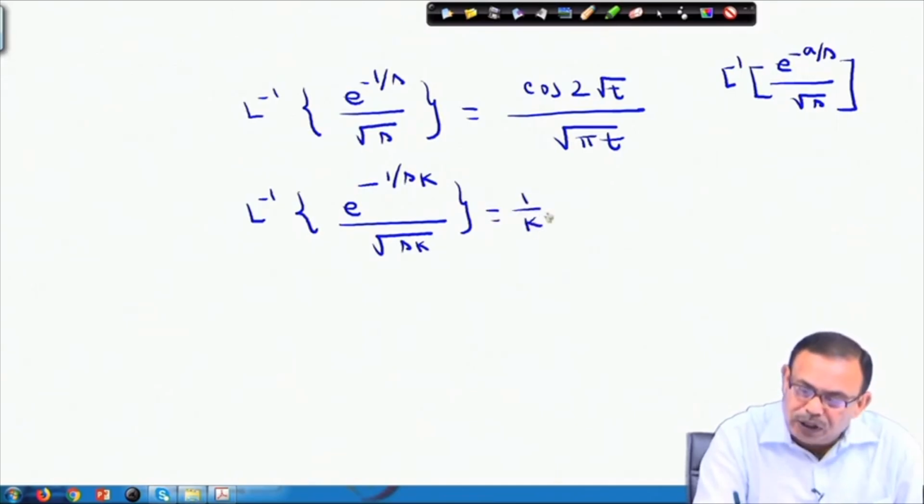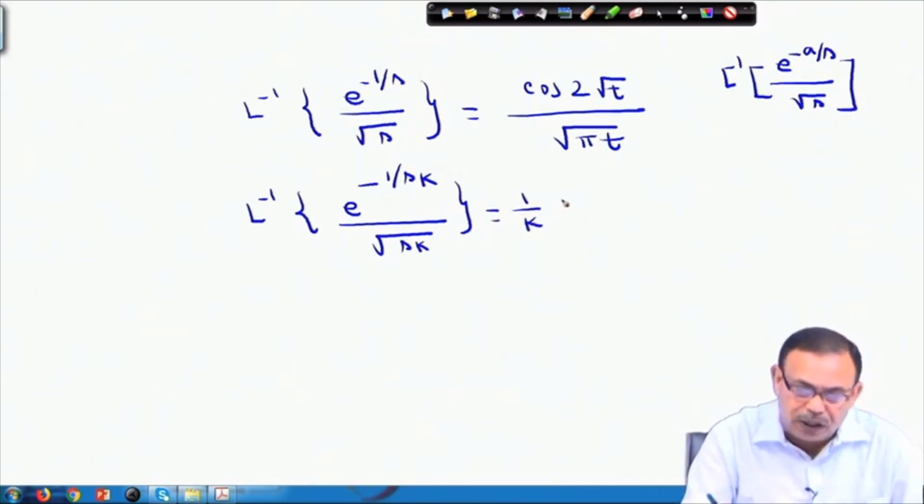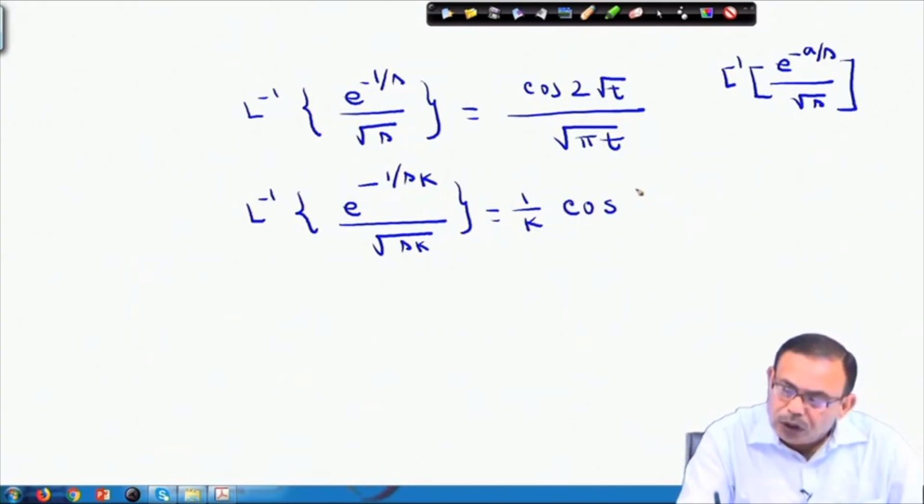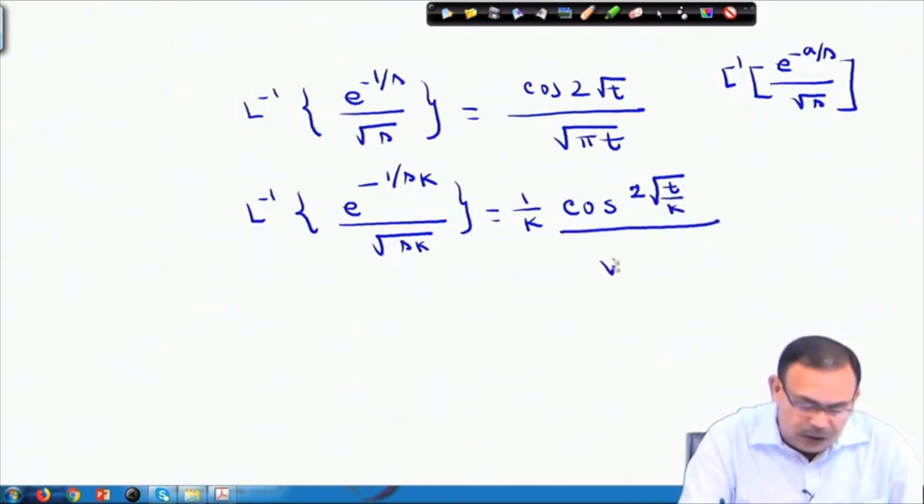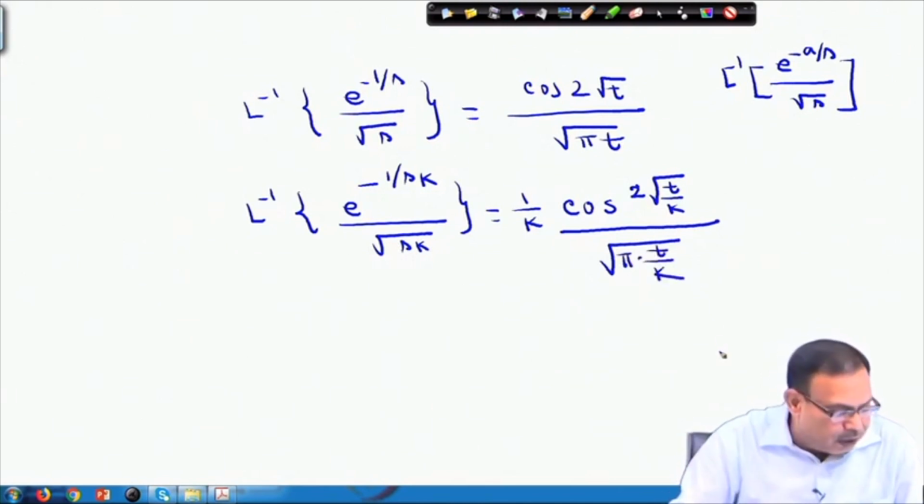1 by k will come over here from the property again into cos of, in the numerator there will be root over t by k divided by root over pi into t by k. This thing will come.